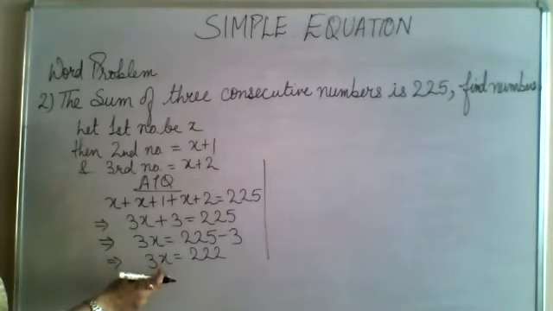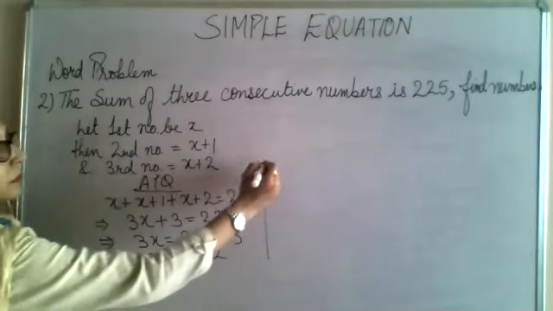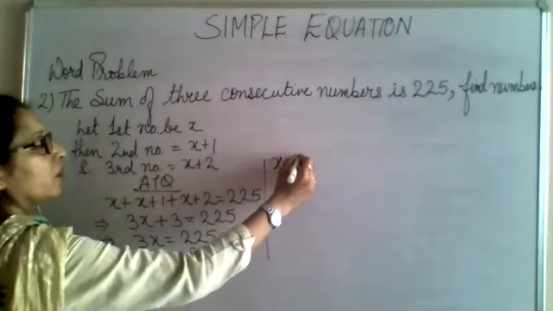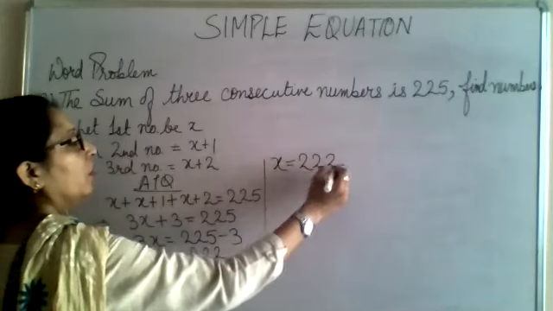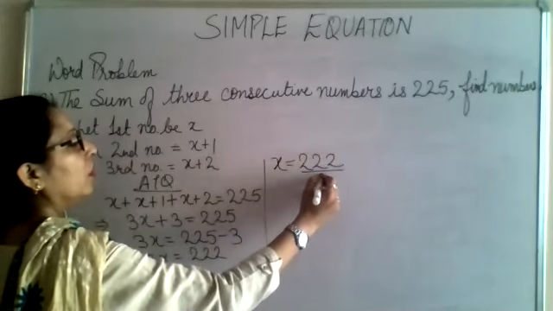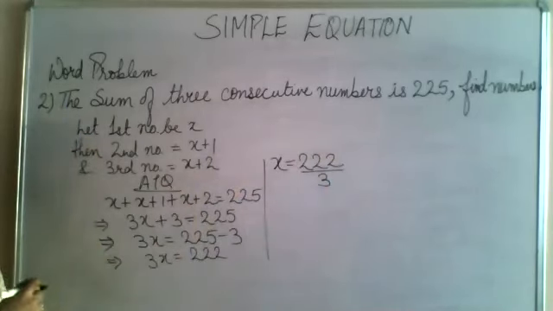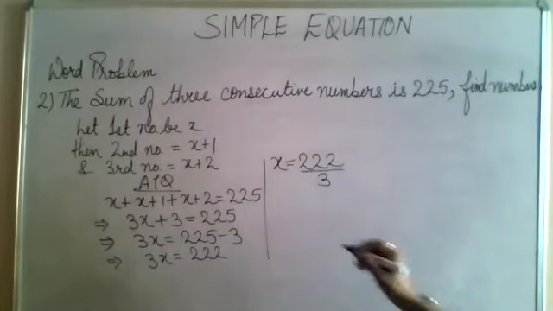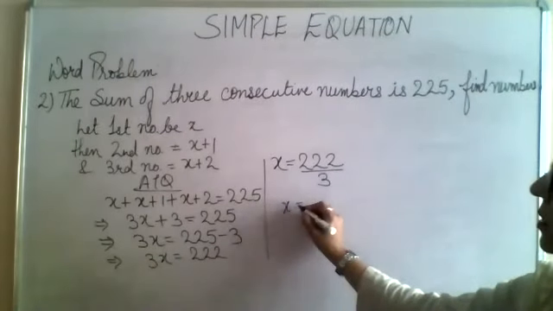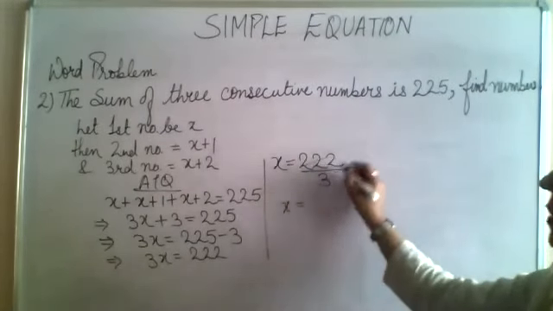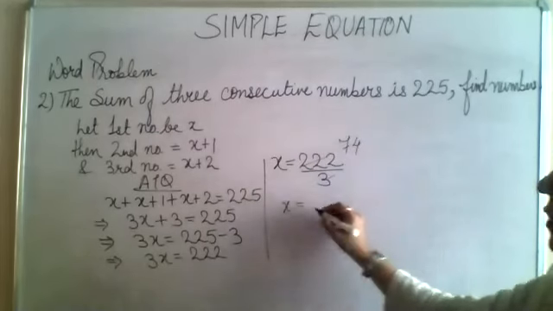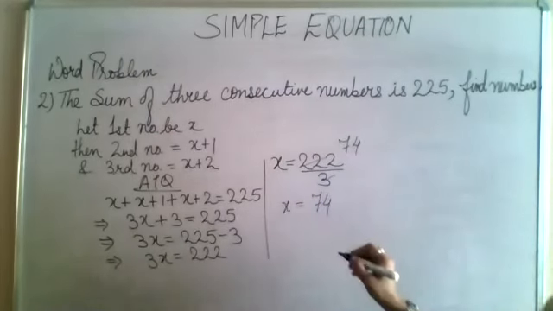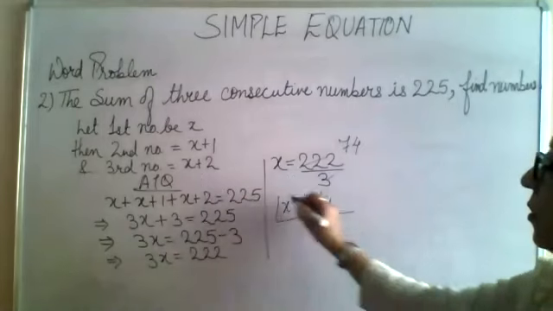To find the value of the variable, 3 is multiplied, so it will go to divide. So x is equal to 222 divided by 3. If you cancel, it will come 74.